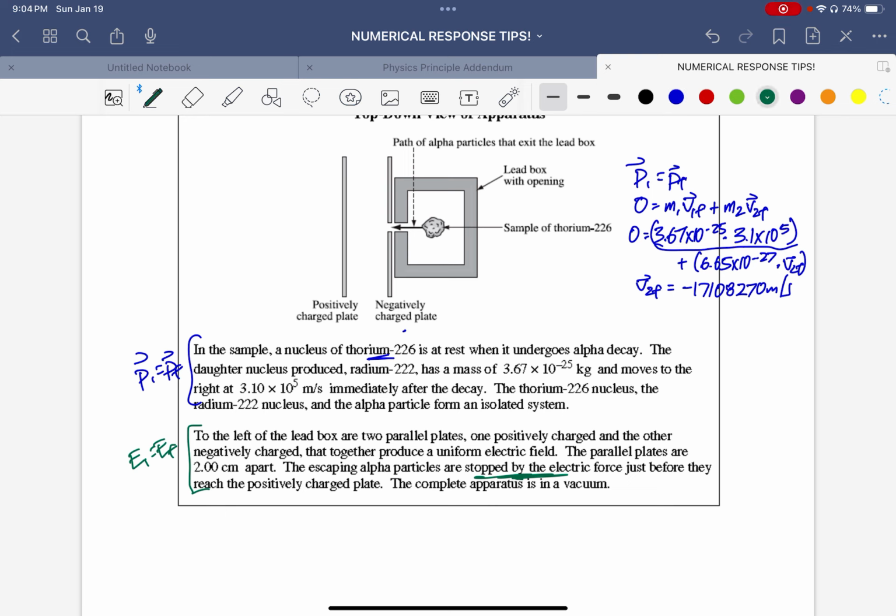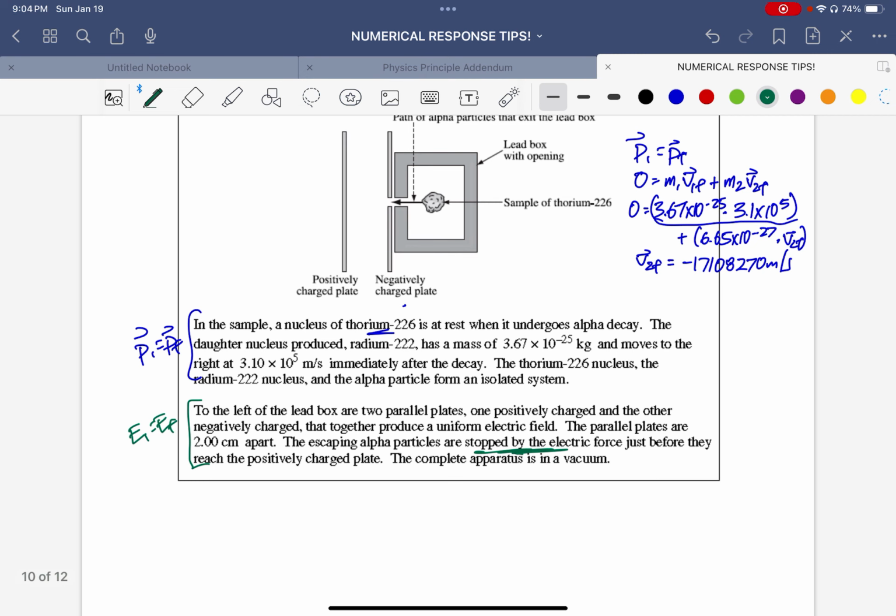So let's do our thing with our parallel plates. We're going to say EI equals EF. This is a car going up a hill because it's a charged particle slowing down and stopping. The car at the bottom of the hill would have kinetic energy, and at the top of the hill, it would have potential energy, except it's QV potential, not MGH potential. The alpha particle has a mass of 6.65.